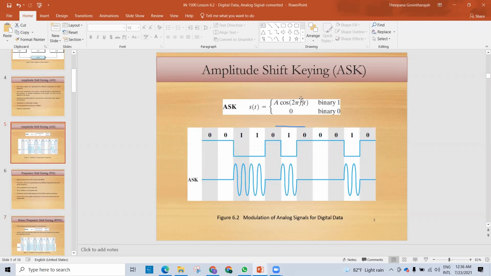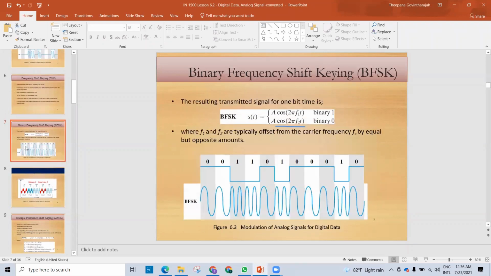Here, the frequency is the carrier frequency because we are modulating with the carrier frequency. And for the zeros, we are not giving the carrier frequency. But in binary frequency shift keying, it is modulated with an equal and opposite amount of frequency from the carrier frequency.